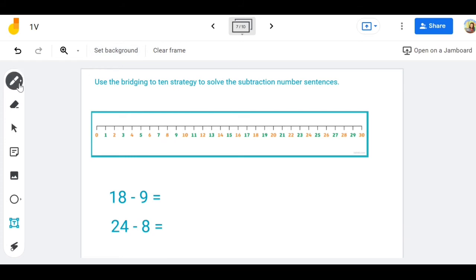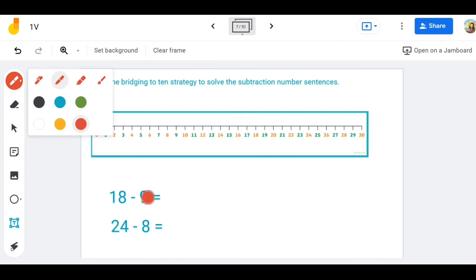You might choose to use a red marker on the number line to help you. So you are going to be remembering those rounding our numbers skills so that we can go to the nearest 10.